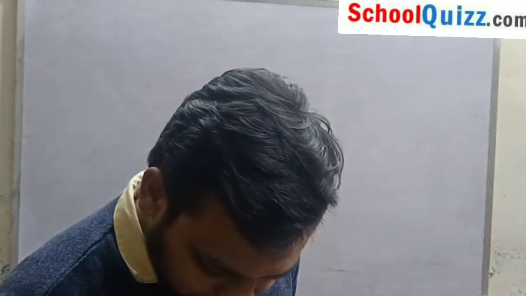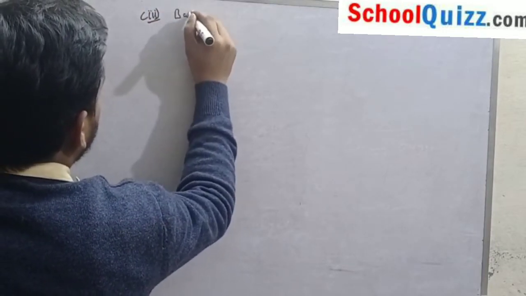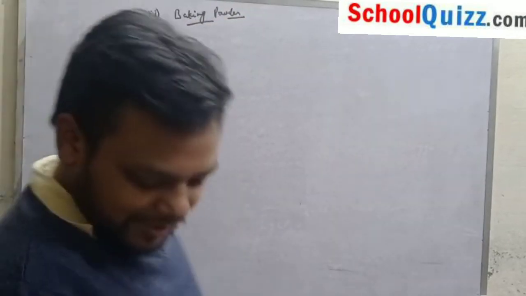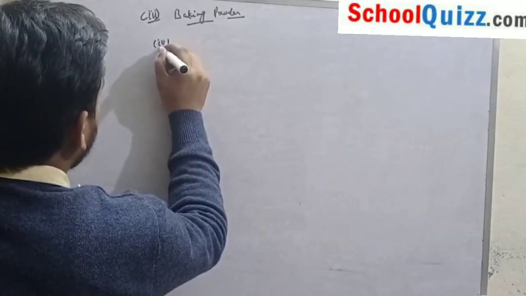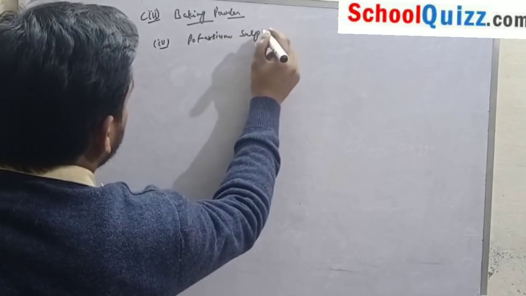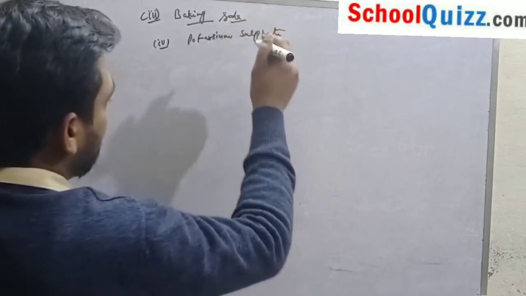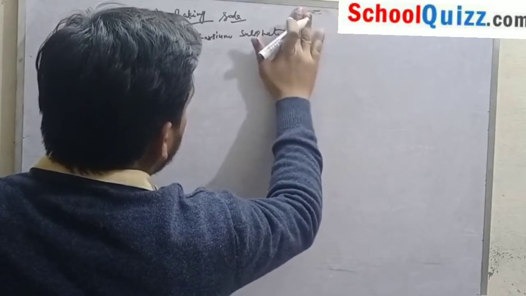Third one is baking powder. Sorry, it is baking soda. Baking soda is NaHCO3.